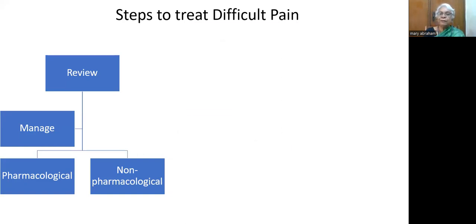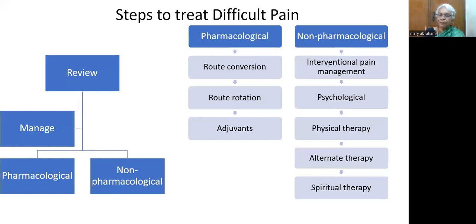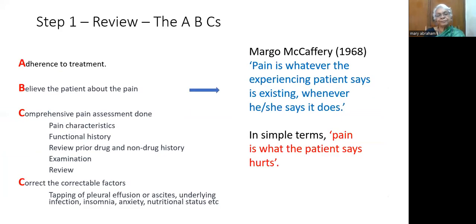Next, the pharmacological methods would be either route conversion or route rotation or adding adjuvants to it. And the non-pharmacological methods of treatment of this kind of patient would be either interventional pain management, psychological therapies, physical therapy, alternate therapy, and spiritual therapy. Okay, next, please.